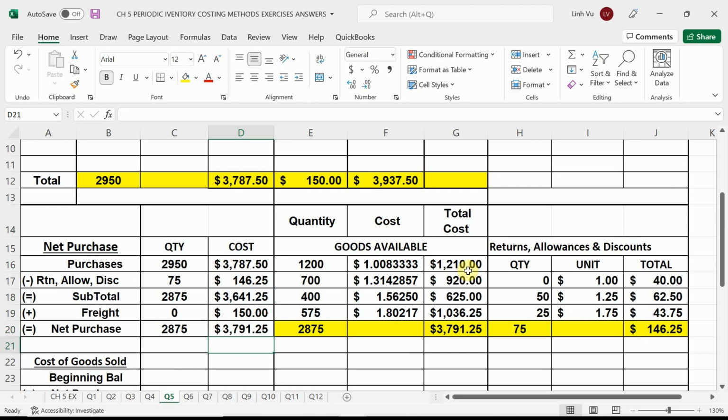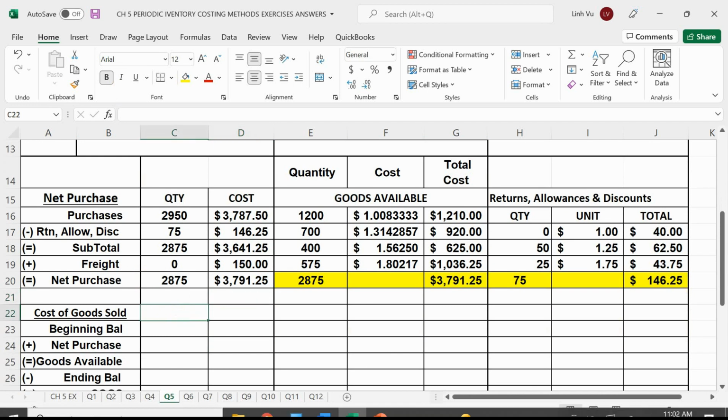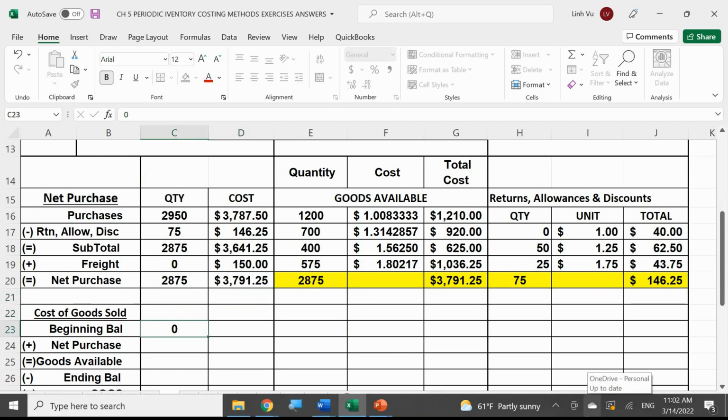Because I have no beginning inventory, my net purchases becomes my goods available. That's why I solve for down here. I have no beginning inventory. I'm going to carry the values down that I solved from above for my net purchases, which is going to give me my goods available.